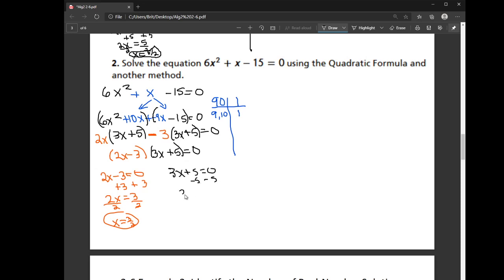I subtract my 5, I divide by 3. Alright, so there it is with factoring by grouping. It wasn't terribly difficult because I found my factor right away, but it had a lot of steps to it.